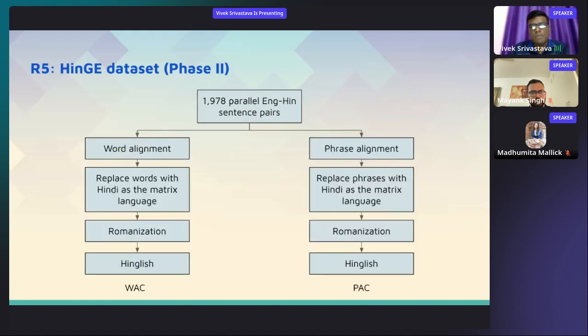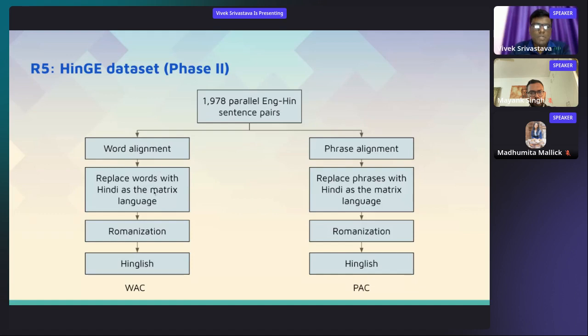The second phase of this entire process is we take the 1978 parallel English-Hindi sentence pairs, so whatever we got in the previous step, and we wrote 2 different algorithms. One is a simple word alignment between the English and the Hindi sentence. There are some constraints, like only nouns and adjectives will be considered.